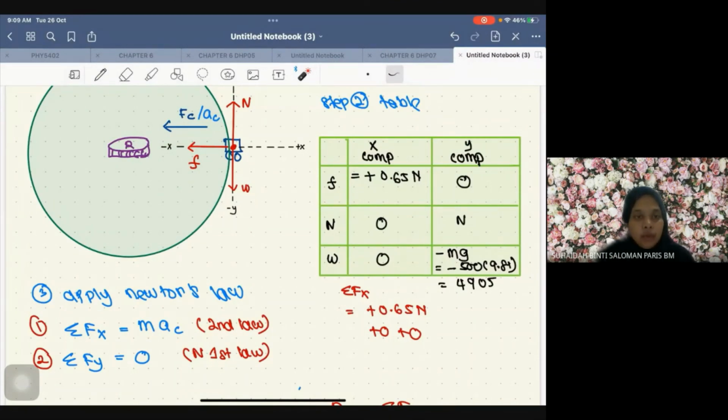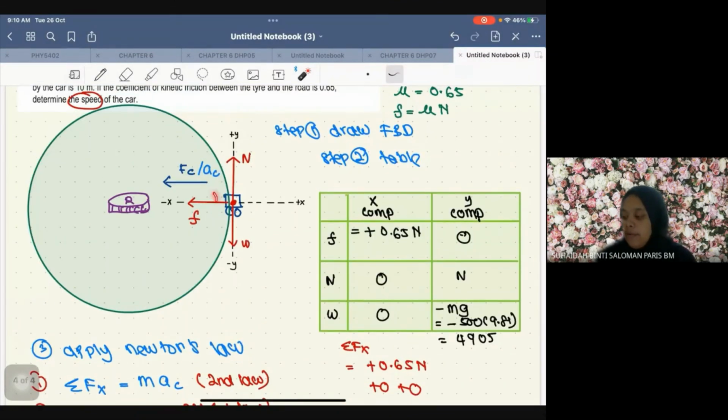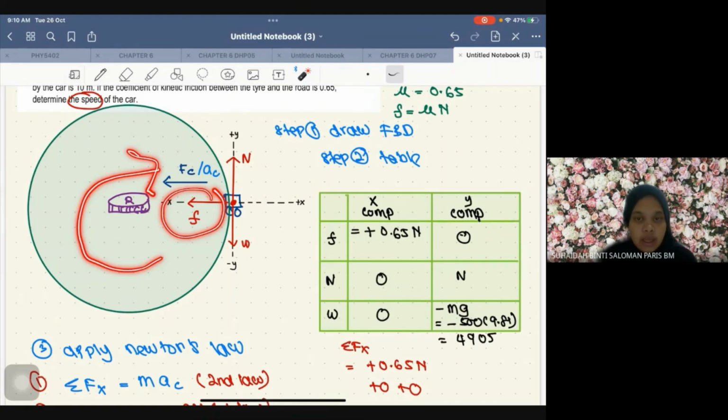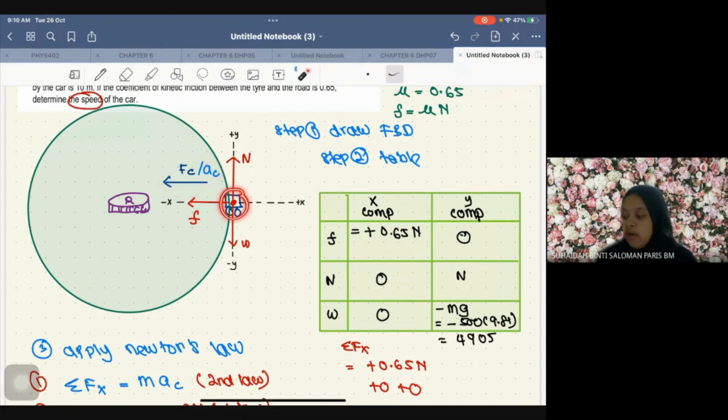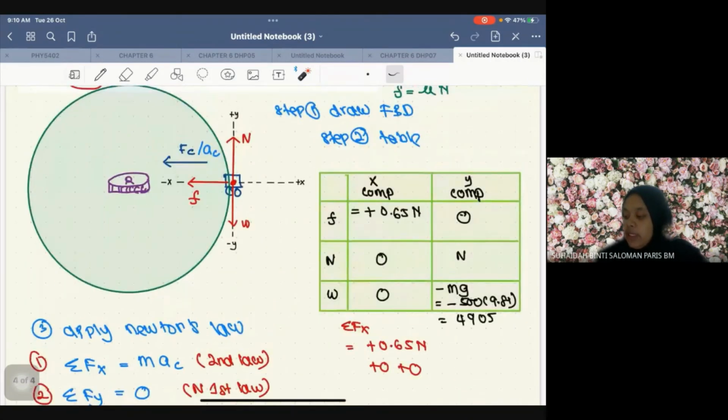Dan awak kena faham juga kenapa frictional force mesti arah sini, kenapa tidak ke arah positif X. So I did explain because frictional force yang akan contribute to FC. Without frictional force, FC will be 0, and bila FC 0, the car cannot complete the turns in circular motion. Okay, dia akan tercampak keluar, dia akan terbabas lah. Okay, so this is the functions of frictional force.